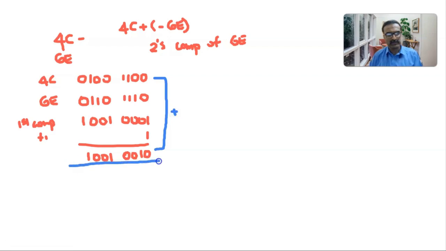So our answer is 0 plus 0 is 0, 0 plus 1 is 1, 1 plus 0 is 1, 1 plus 0 is 1, 0 plus 1 is 1, 0 plus 0 is 0, 1 plus 0 is 1, 0 plus 1 is 1, and there is no carry. So what should you do?